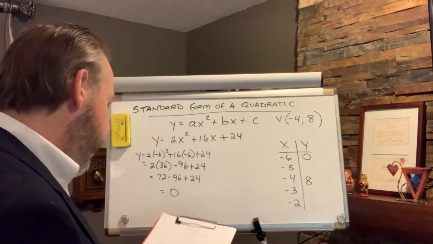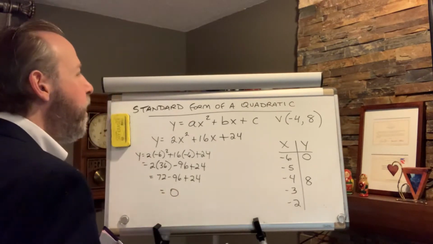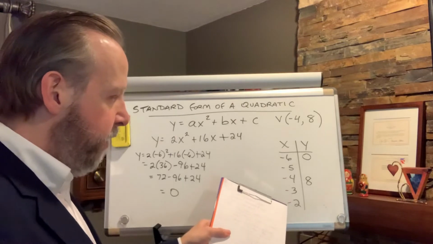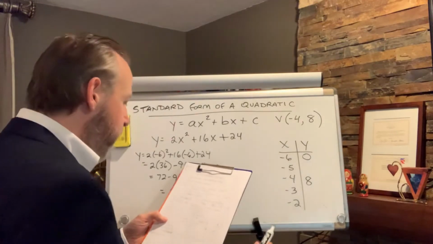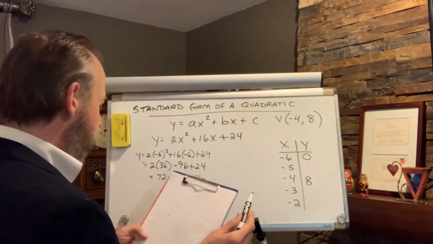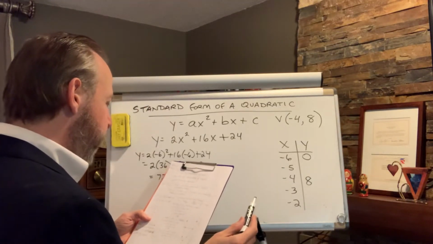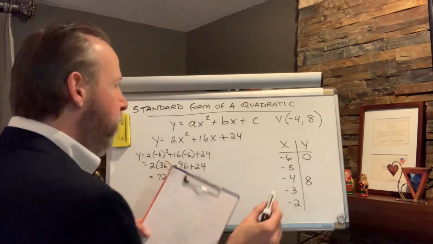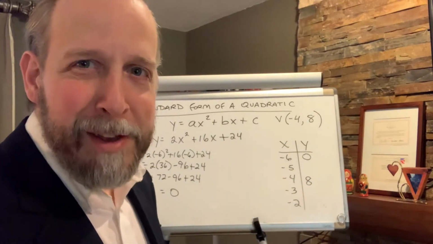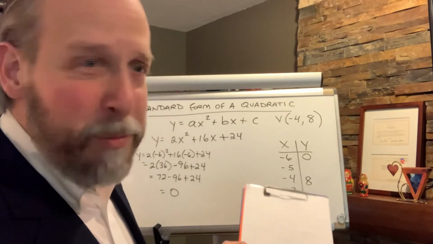Do the same thing for negative 5, and if you want for negative 3, and if you want for negative 2. I think I forgot a negative sign. Oops. Wasn't that negative 8? I can't go backwards in my whiteboard.